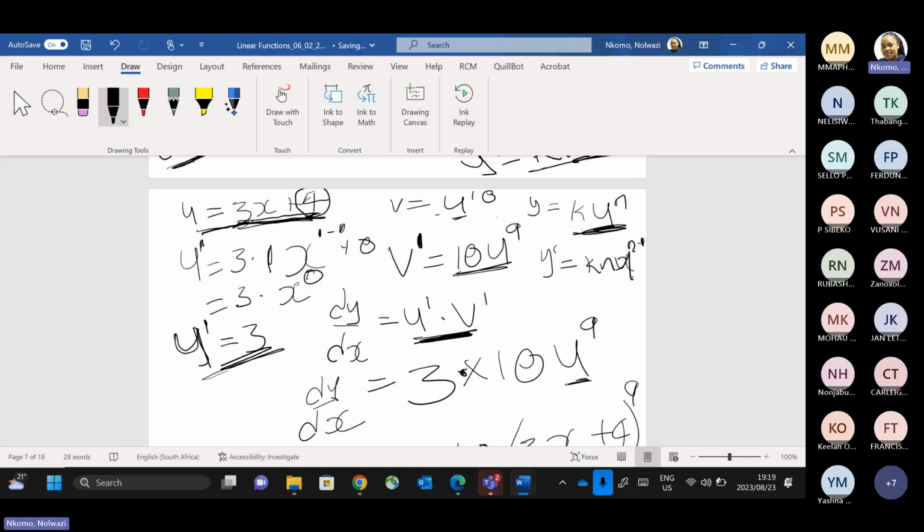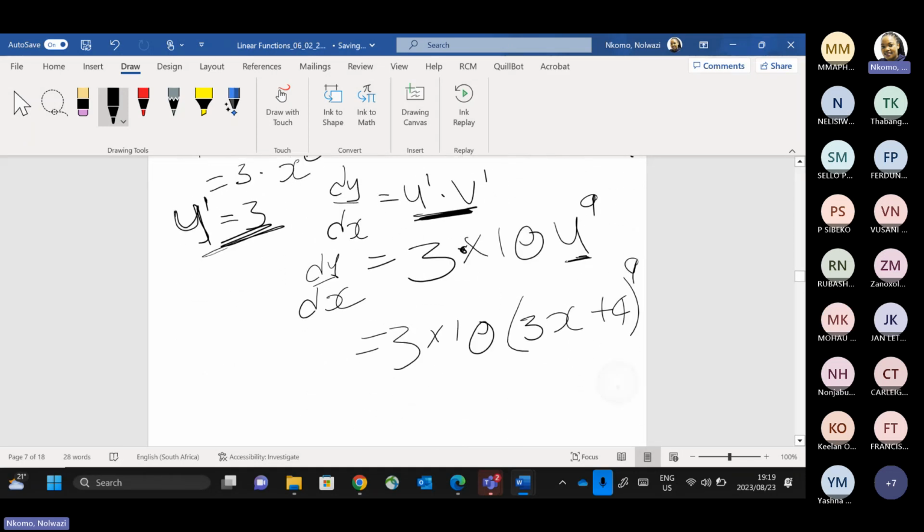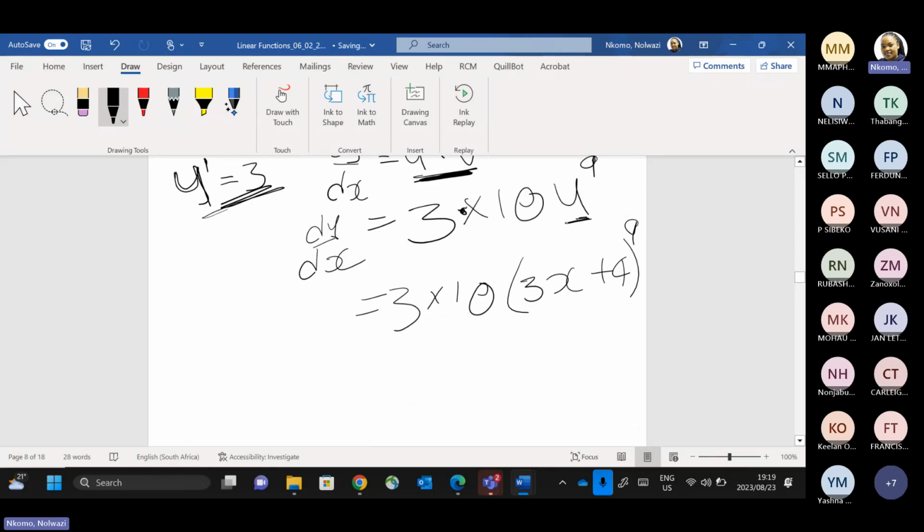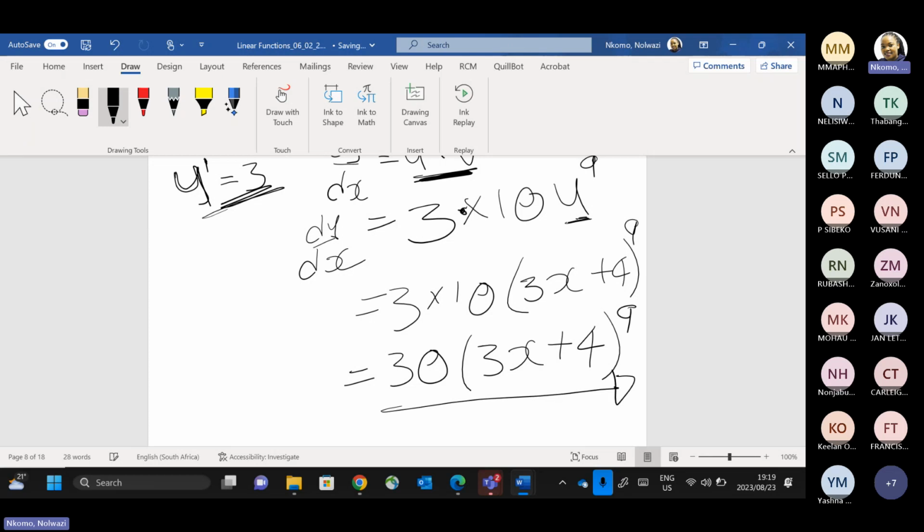It won't make any difference. Then the next step is to simplify this. If you simplify this, you'll have 30 into (3x plus 4) to the power 9. And you can leave your answer like this.